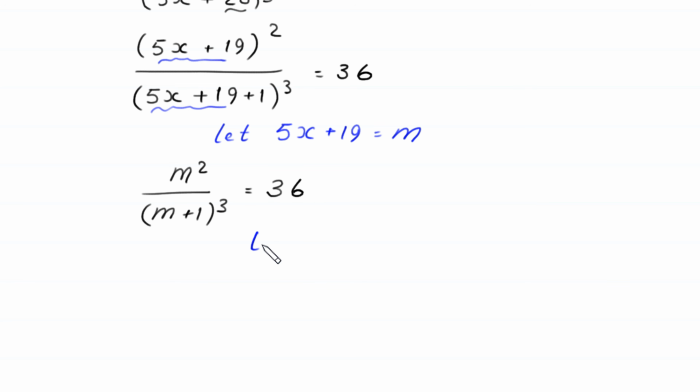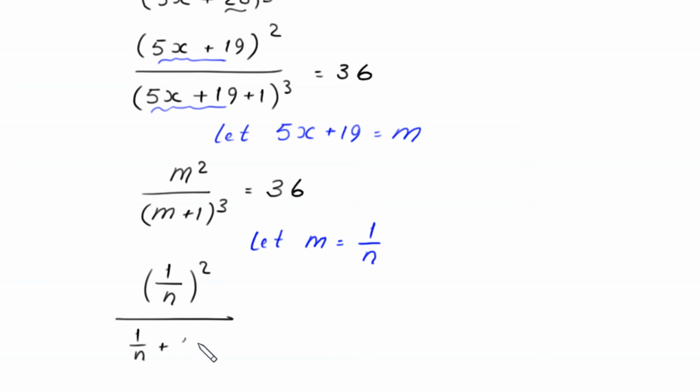Now we suppose that m is equal to 1 over n. So this equation will become (1/n)² divided by (1/n + 1)³ is equal to 36.